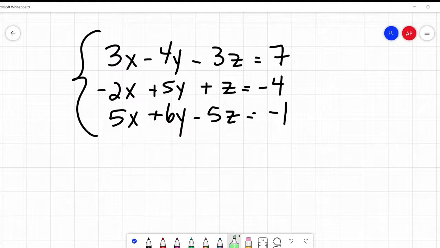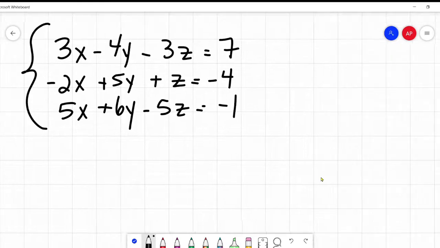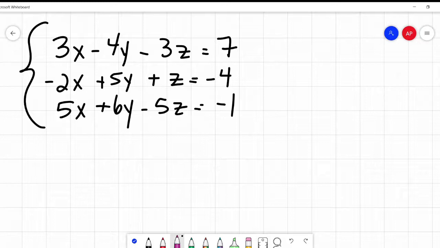So I go, all right, fine. And I'm thinking, I'm probably going to eliminate the z's. I think that's going to be the one I want to do. Let's eliminate the z's. Okay, so I think I'm going to pair these two and then separately these two.